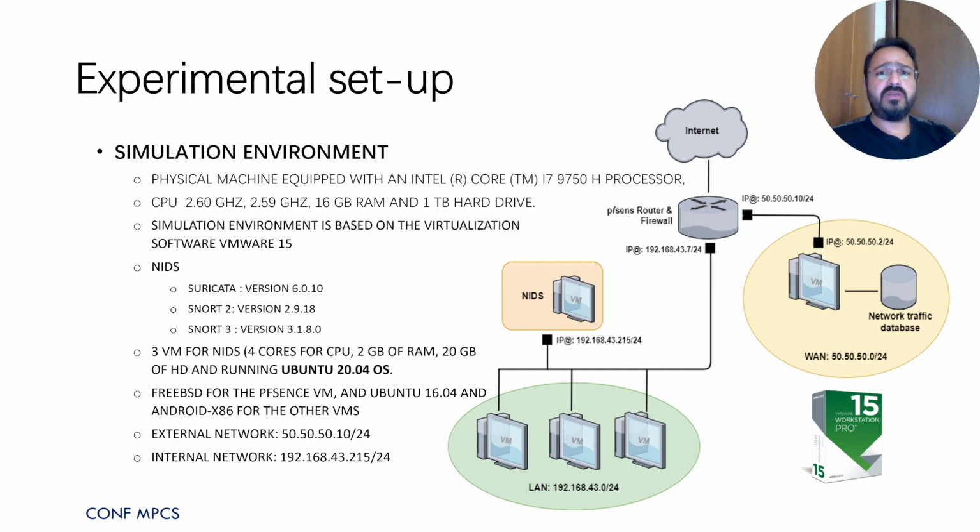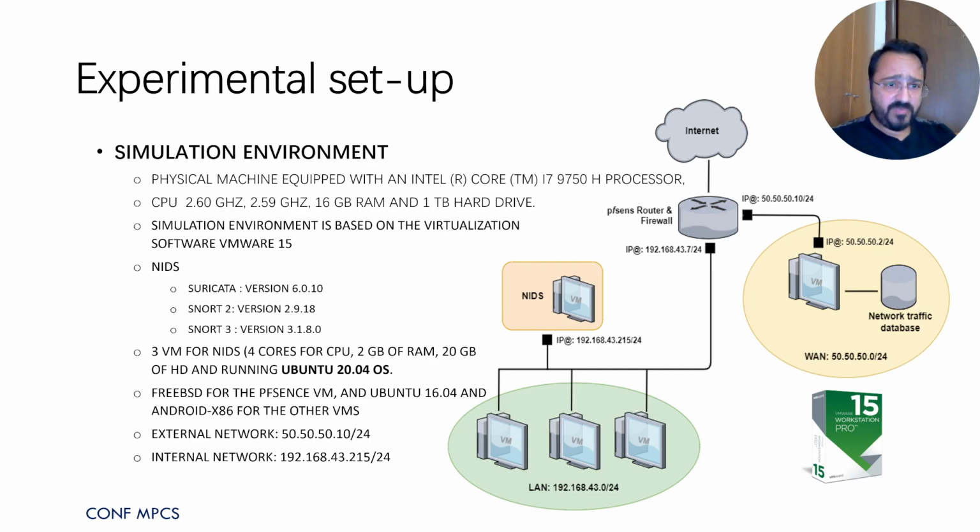We used an i7 2.6 gigahertz, 16 gigabytes of RAM, and 1 terabyte of hard drive. During this experiment, we had the latest versions of Suricata and Snort 3, which you can see there on the screen.